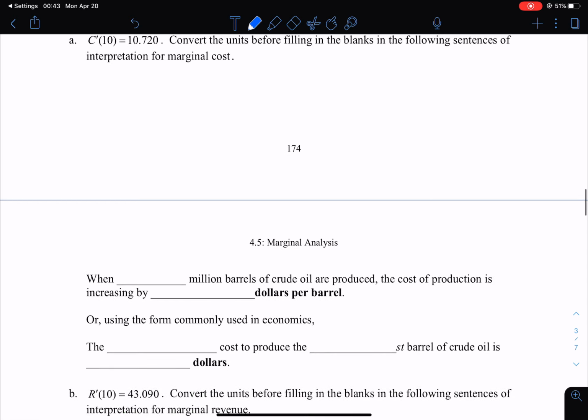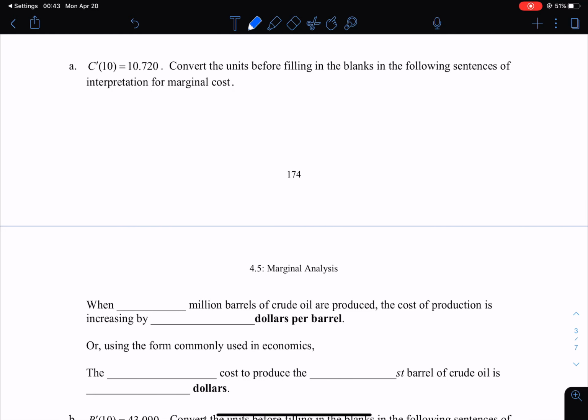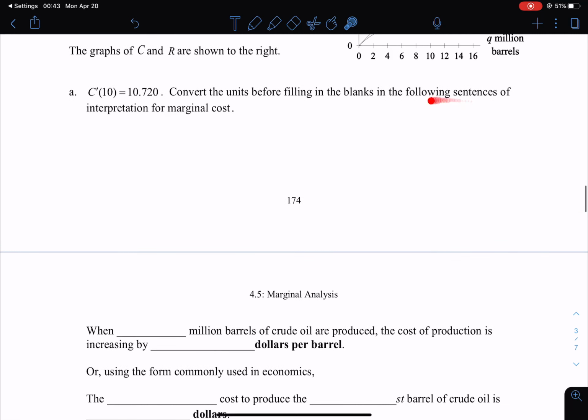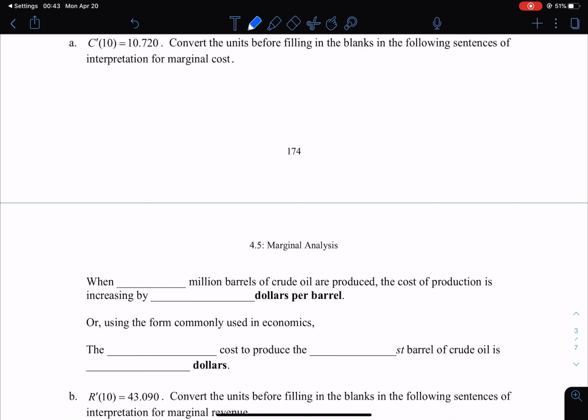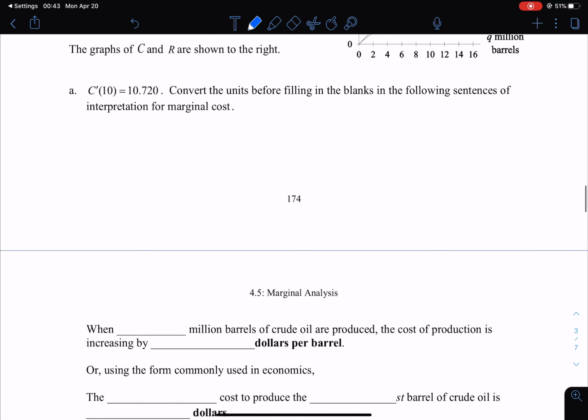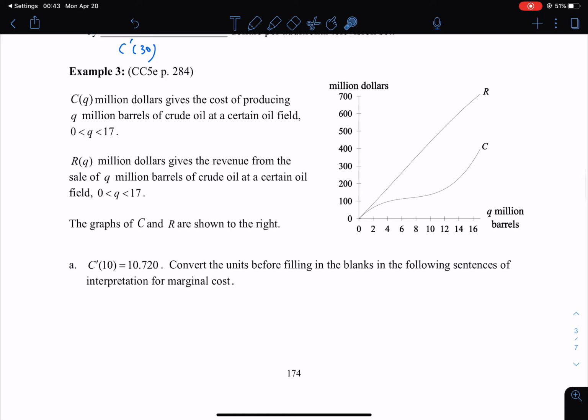Alright, for the first one, A, C prime of 10 is 10.720. Convert the units before filling in the blanks in the following sentence of interpretation of marginal cost. So this one, let's finish this part first. C prime of 10. Let's double check the input variable. Input variable C of Q, the output unit is $1 million. The output description is cost of producing.